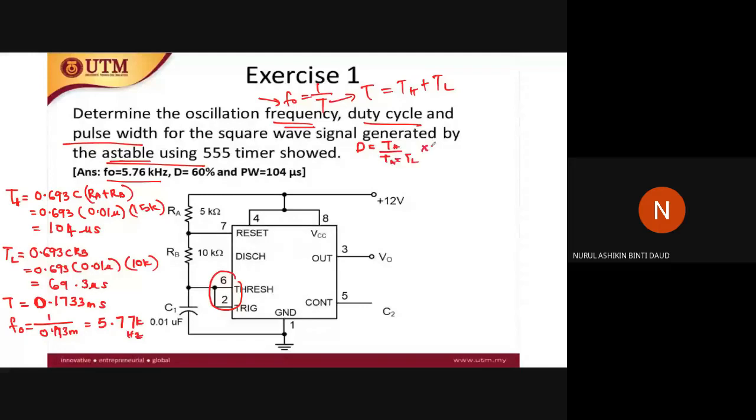TH is 104 microseconds over the total time, 0.1733 milliseconds, and then times 100, you will get a duty cycle of 60%. If you plot the signal, the signal will be like this.